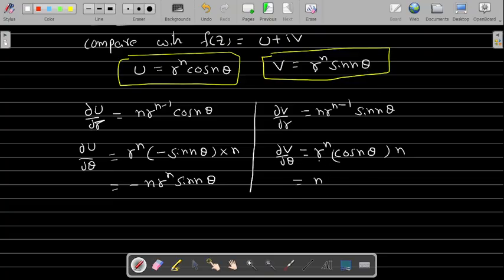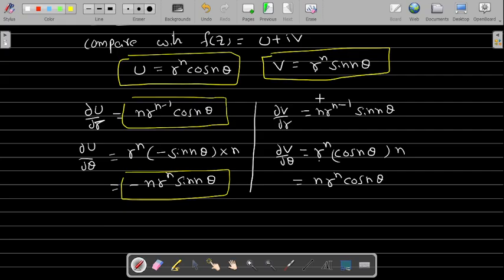That is nothing but n into r power n cos n theta. So you got all the partial derivatives: dou u by dou r, dou u by dou theta, dou v by dou r, and dou v by dou theta.